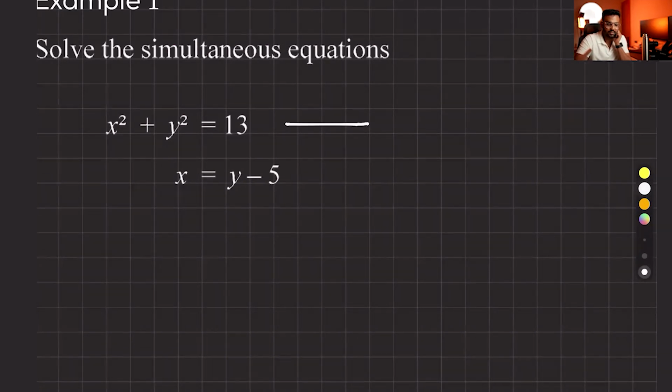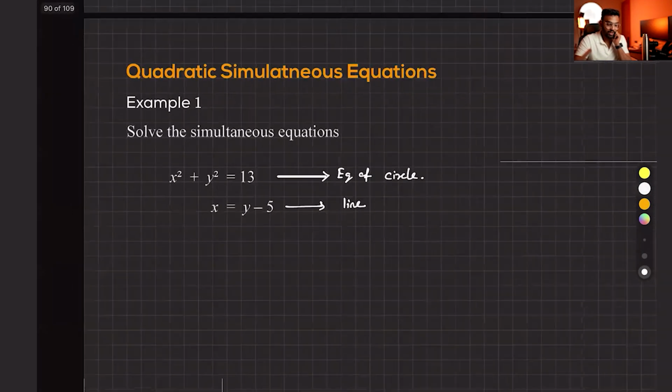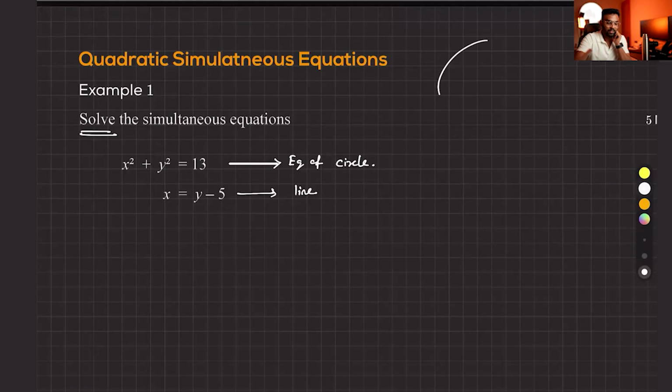This one is the equation of a circle. And this one, for sure, it's a line. And we know when it says to solve, we're looking at a circle and a line like that.